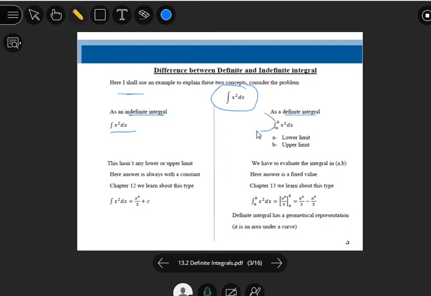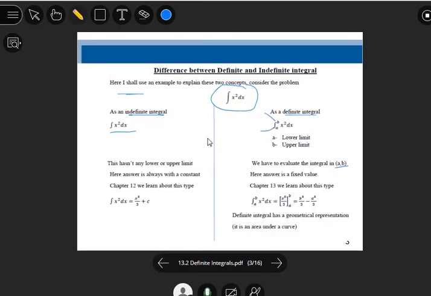So actually we have to do this integral in between some region a and b. But the indefinite integral doesn't have any lower limit and upper limit. That is the main difference.